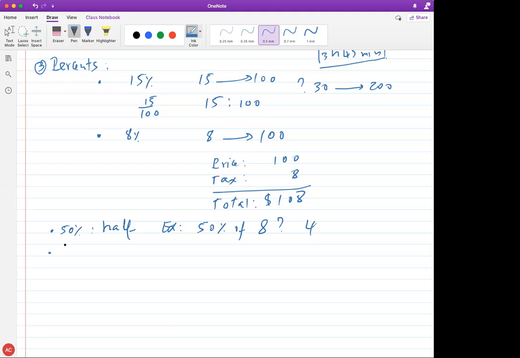In addition to that, we may have 25%. What do we mean by 25% of anything? So half is 1/2 as a fraction. If this is half, what is 25%?